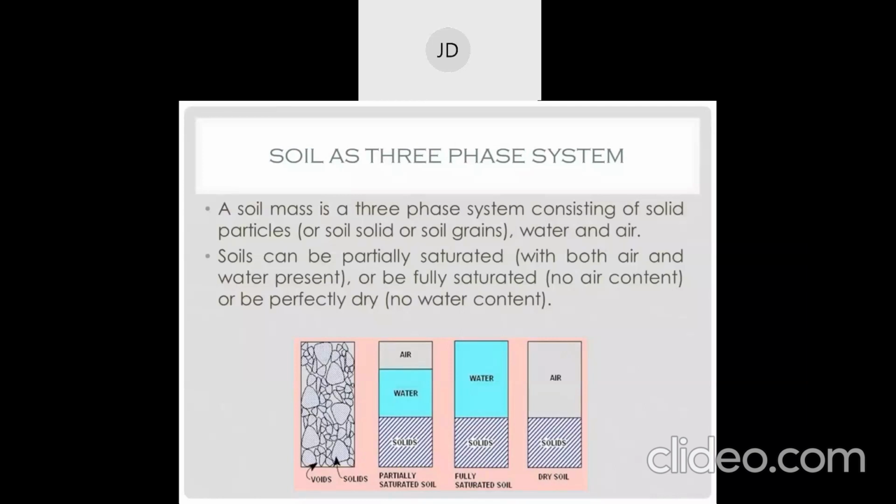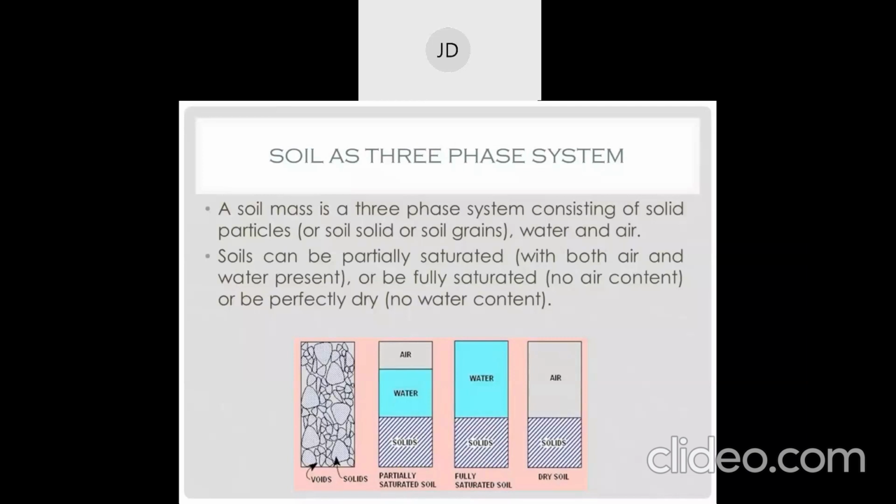Soil solid, that you can see and touch, are the actual solid particles, known as solid particles or soil grains. Other things which may be present in the soil are water or air.